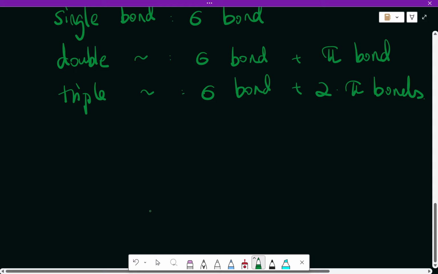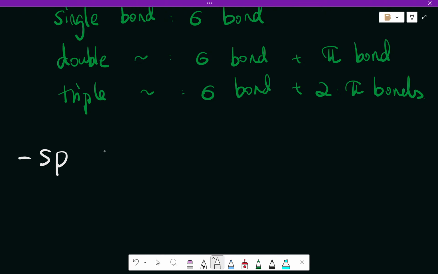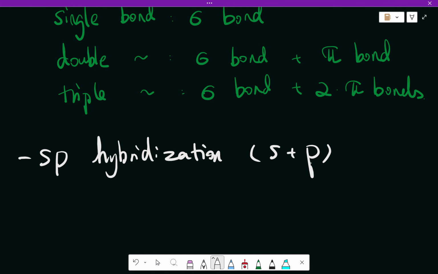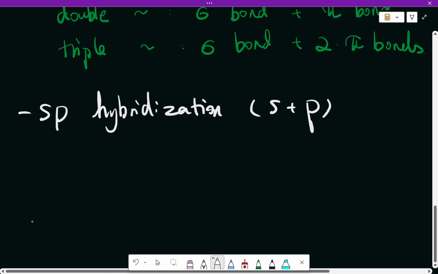And lastly, we're going to look at sp hybridization. And this, as the name suggests, is when we combine or hybridize an s orbital and a p orbital. So still for carbon, we would have a 2s orbital right here and a 2p orbital right here.